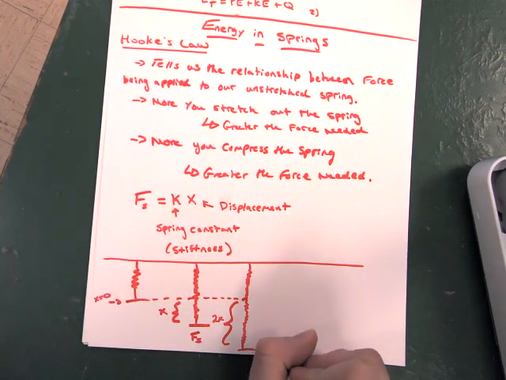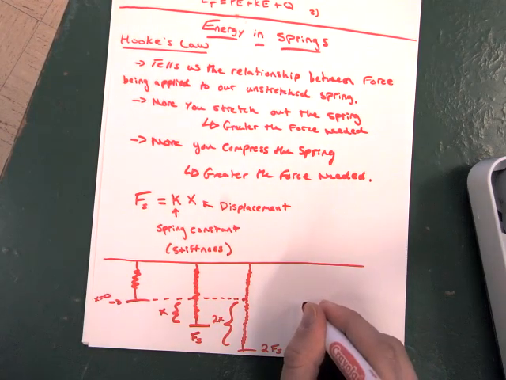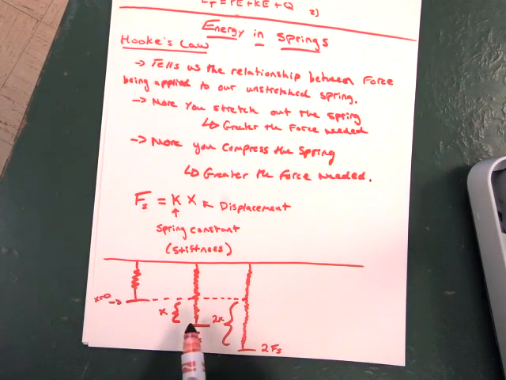So now we'll have a force of 2 Fs. What this is showing, guys, is the relationship between force and the displacement, how far it is compressed or how far it is stretched from equilibrium.